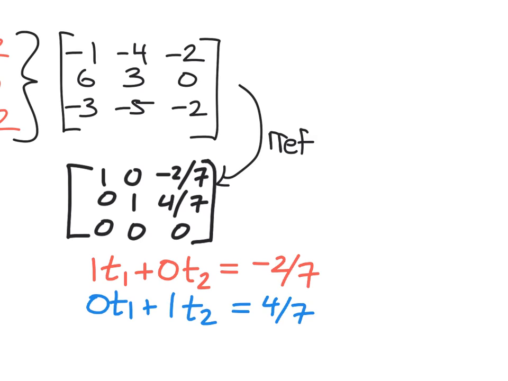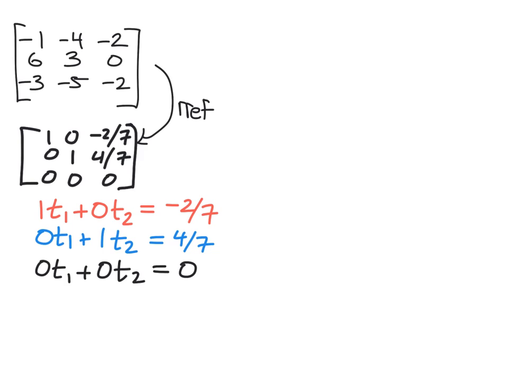And then the last row, I'll write it, but you'll see very quickly that it's not very meaningful in this context. 0 T1 plus 0 T2 is equal to 0. All right, so if you clean that up a little bit, you get the relevant pieces, which tells me that T1 is equal to negative 2 sevenths.